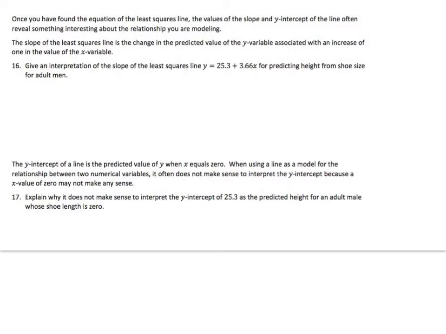Once you've found the equation of the least squares line, the value of the slope and the y-intercept of the line often reveals something interesting about the relationship you are modeling. The slope is always the number in front of the x, and the y-intercept is the constant by itself. The slope of the least squares line is the change in the predicted value of the y variable associated with an increase of 1 in the value of the x variable.